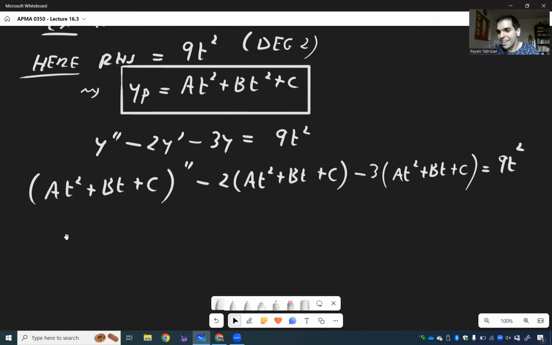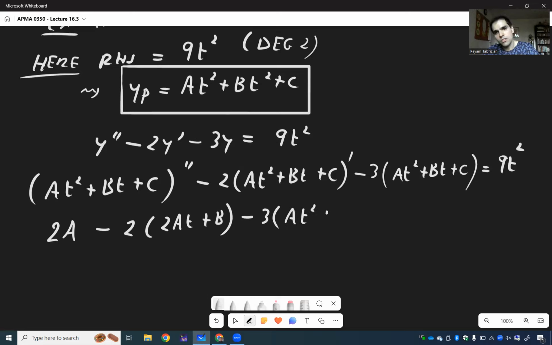Now it looks like a nightmare, but if you differentiate this once, you get 2at plus b. If you do it twice, you get 2a. That's the second derivative here. And then minus 2 times 2at plus b, and then minus 3 times at squared plus bt plus c equals 9t squared.